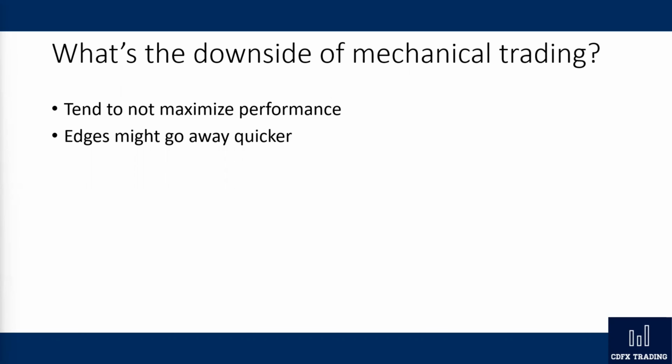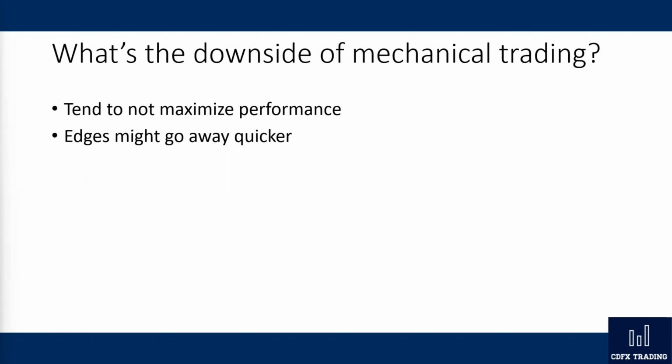So when your edge might perform a bit less, you already have one or two ideas that can increase its performance. And also, when you start to add a bit of discretion, like I do, after you have a lot of experience with the strategy, your strategy also tends to become better, and it becomes harder for it to go away.